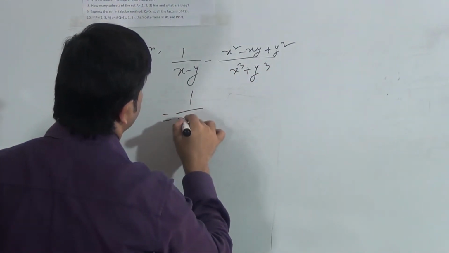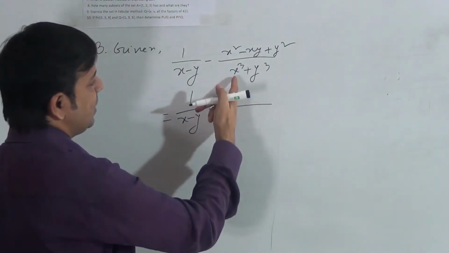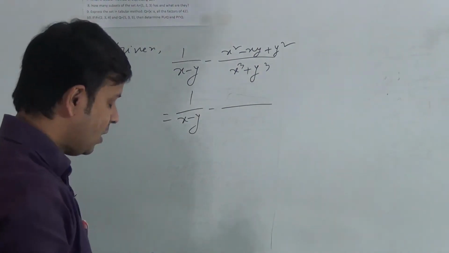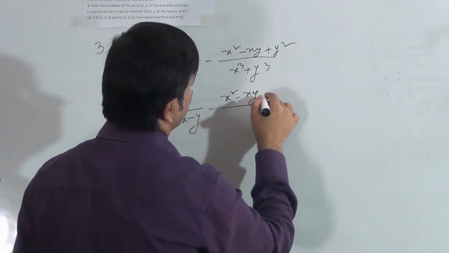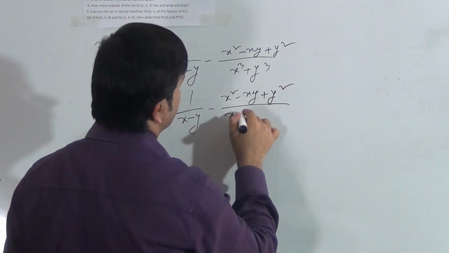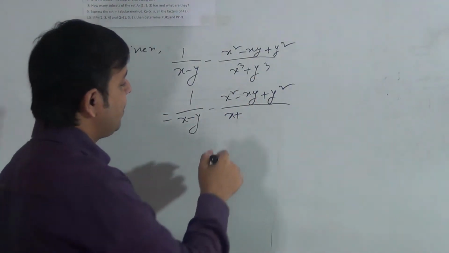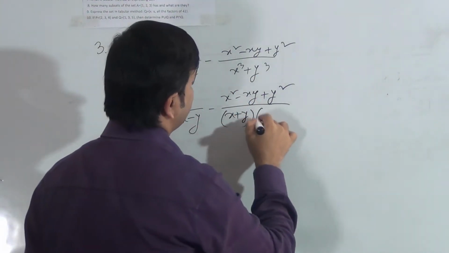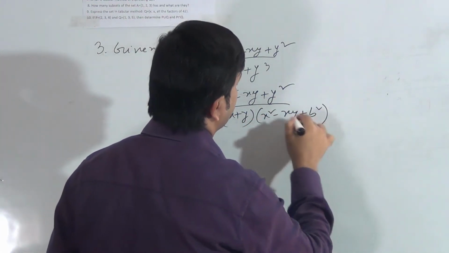We can't do anything in the first fraction, so it will remain the same, but we can factorize the denominator of the second fraction. Use the formula a cube plus b cube, it means a plus b into a square minus ab plus b square.